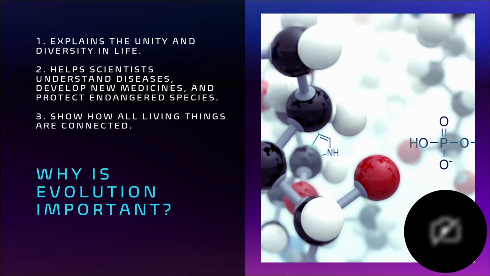If you want to choose a major in science and biology, you are probably going to begin understanding disease. You are going to understand mutation. You are going to develop new medicine, and you are going to protect endangered species.